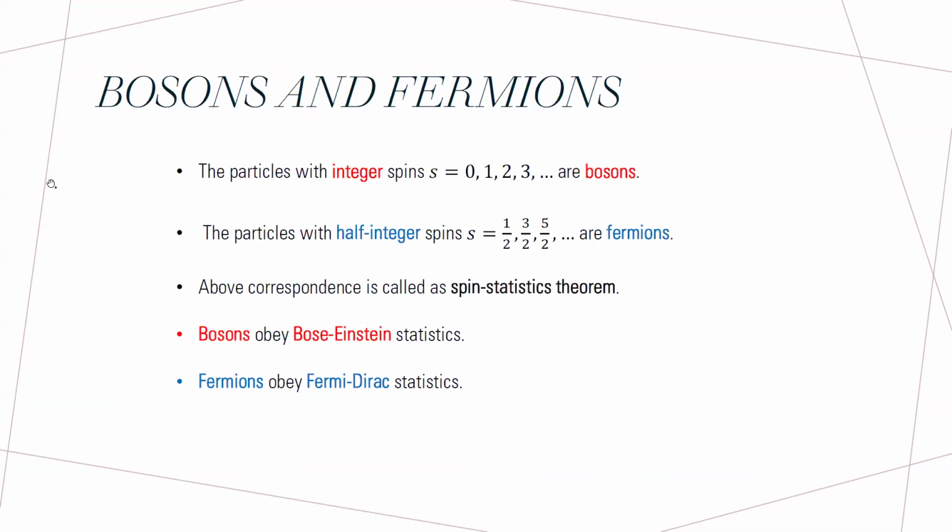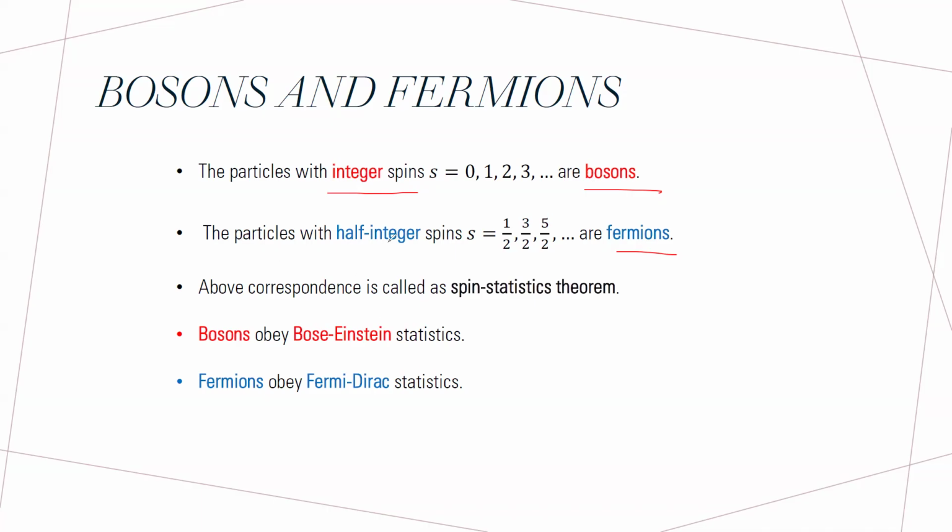Okay, now the particles with integer spins, that means S is equal to 0, 1, 2, 3, are bosons. The particles with half integer spins, like 1/2, 3/2, 5/2, are fermions.